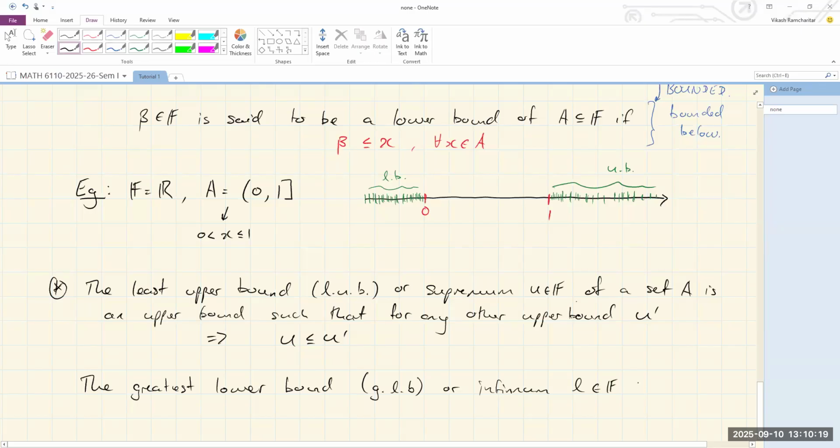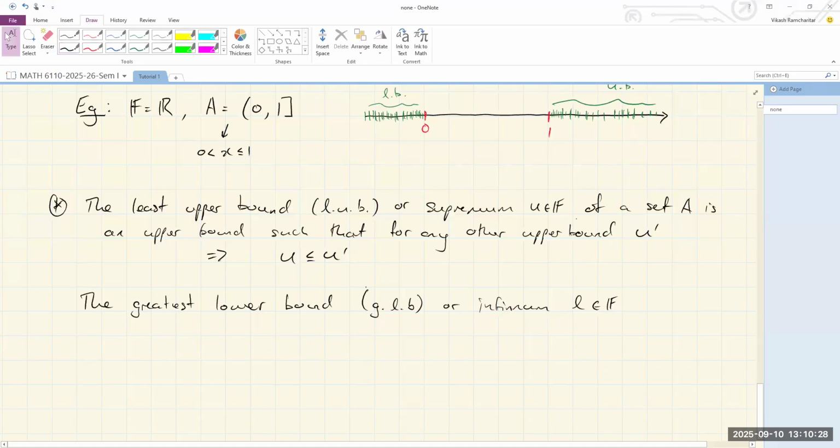And again, just like upper bounds, the supremum and the infimum may or may not belong to the set. Okay, sometimes it belongs to the set, sometimes it doesn't belong to the set.